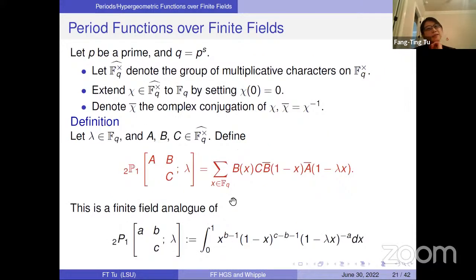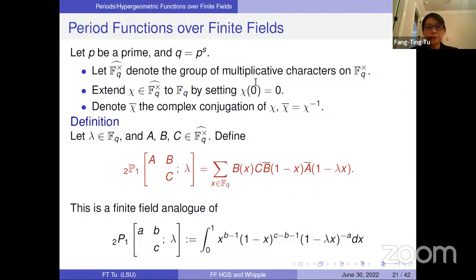Okay, so to sum up, we will use the notation F_q hat to denote the group of multiplicative characters on the finite field.